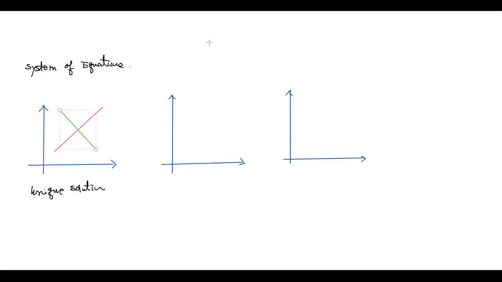If they intersect at a single point, that's what we say is a unique solution.